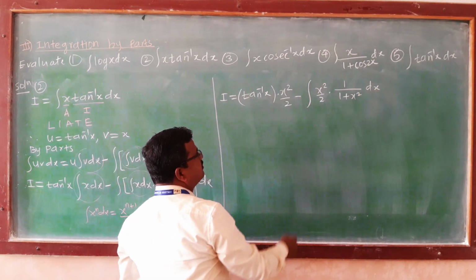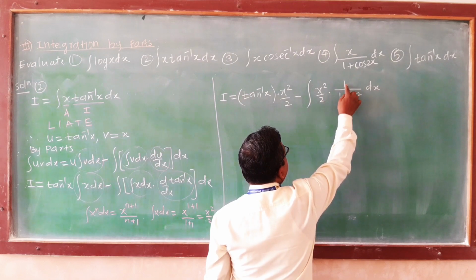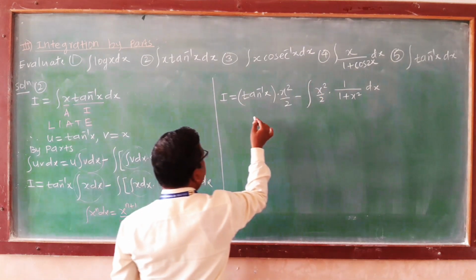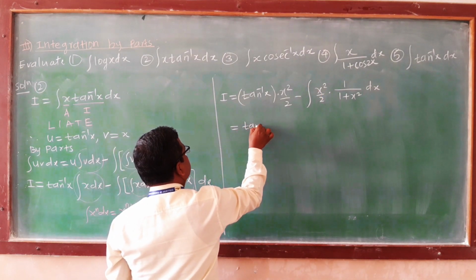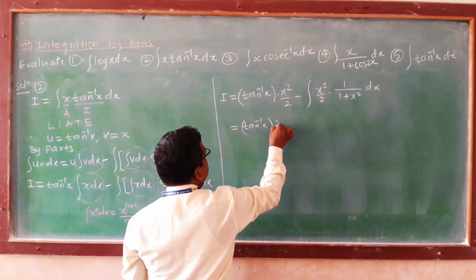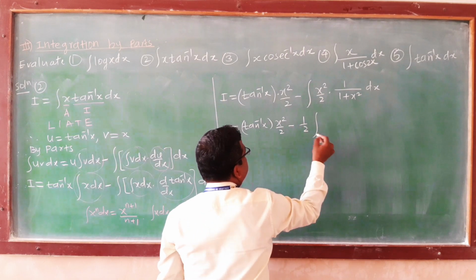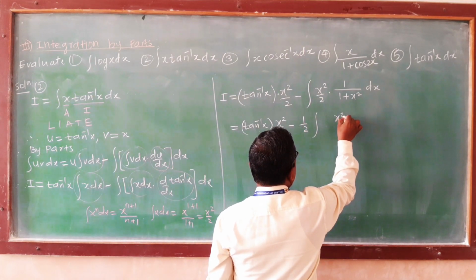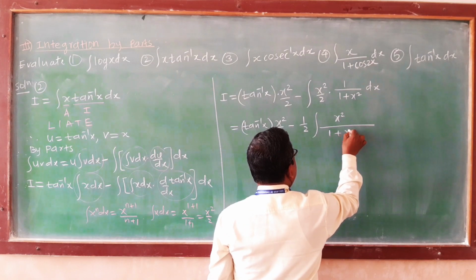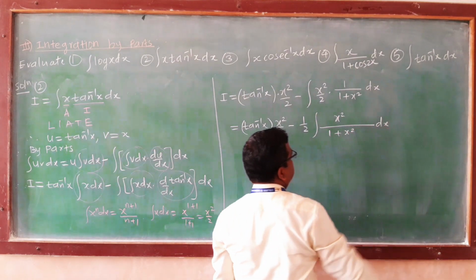Now, next we simplify. This 1 upon 2 is constant, take it outside the operator, which is equal to tan inverse x, x square upon 2, take minus half outside, integration of x square upon 1 plus x square.